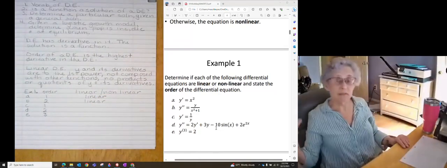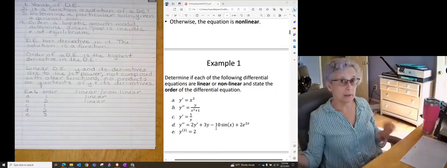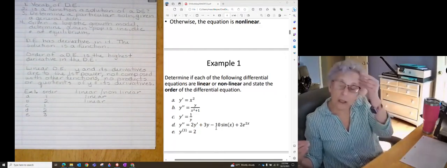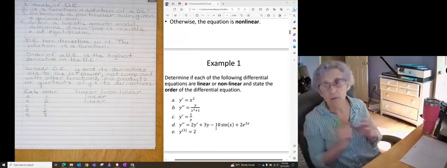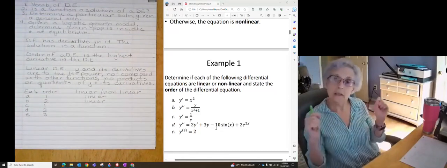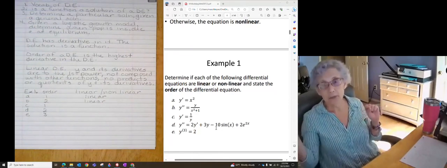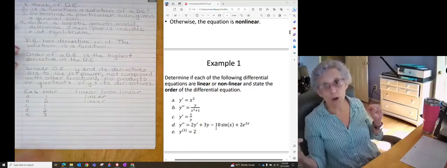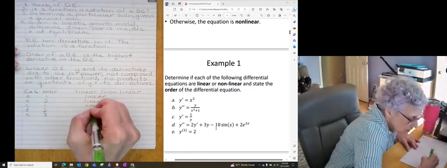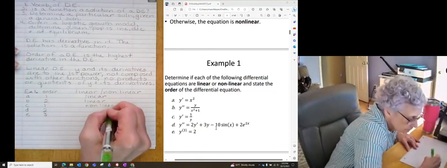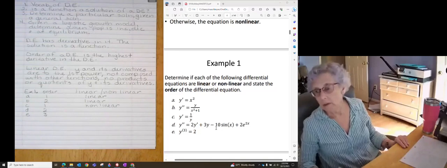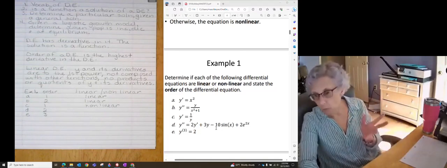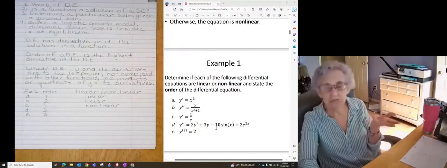It's okay to divide it by x squared plus 1. That doesn't make it nonlinear. If it were divided by y squared plus 1, that would make it nonlinear. Like C is not linear because you have 1 over y. So this one's nonlinear. D, again, y prime, second derivative, it's okay.